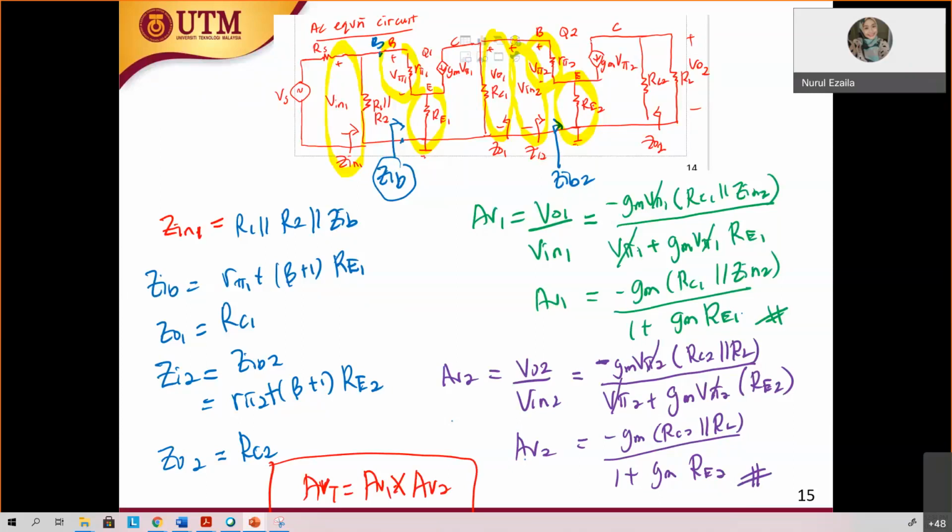We already found the voltage gain for each stage, so the total or overall voltage gain is equal to AV1 times AV2. Do you have any question regarding this derivation of the AV1, AV2, and so on for the common emitter unbypassed?